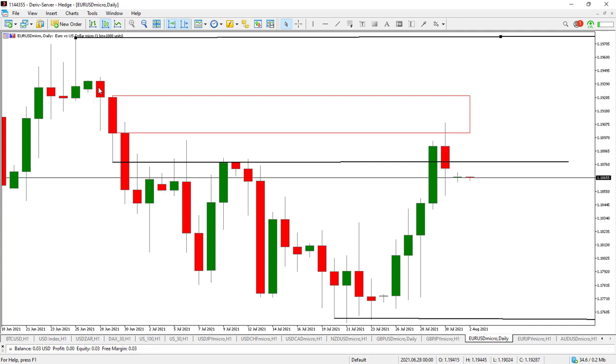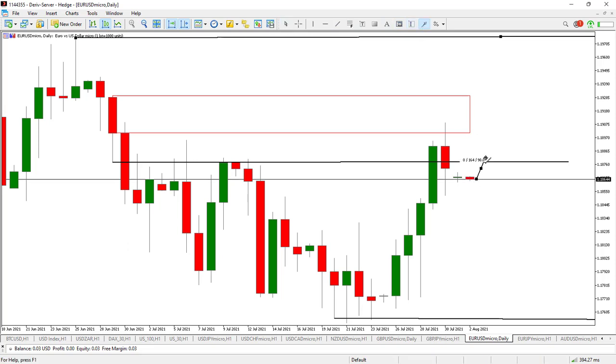1, 2, 3. We have that 3-bar pattern, and the market has tested the third candle on this one and also on this candle. Did the market break and close above the third candle? No, meaning we are not looking for any bullish moves, unless we are looking for at least a retracement back to our flip zone from the third candle.